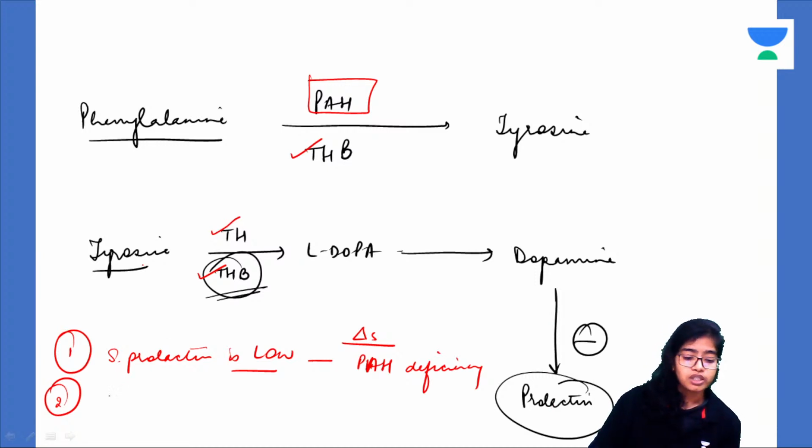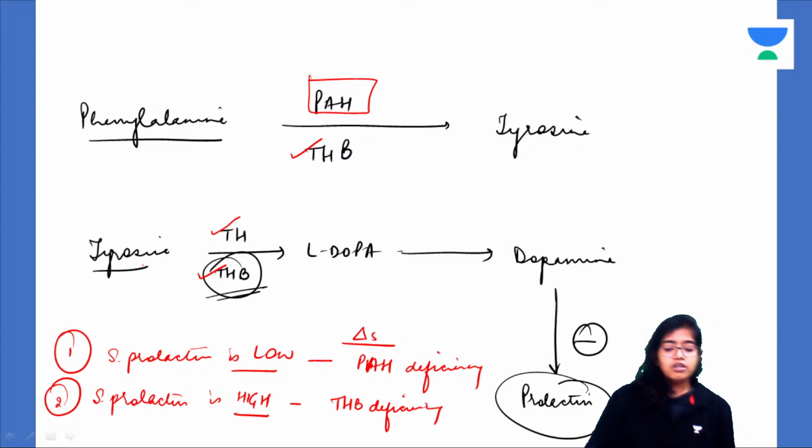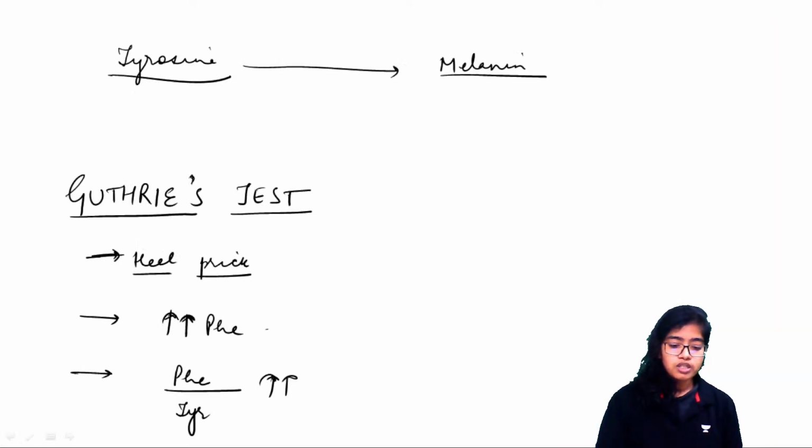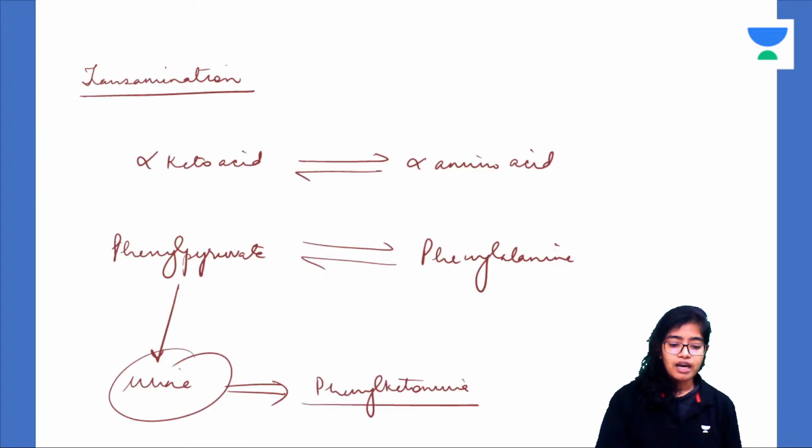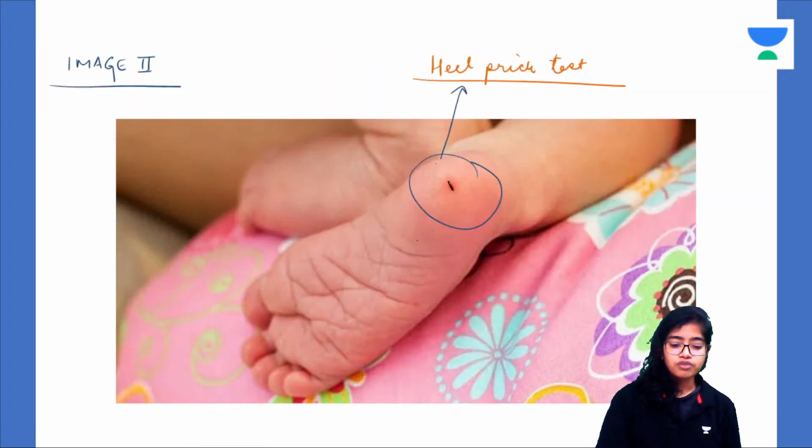If you measure the serum prolactin level, it is high. Now the diagnosis is deficiency of tetrahydrobiopterin. So did you see how the same clinical features can be distinguished according to the deficient enzyme or the cofactor? Understood this? This is all about phenylketonuria, which is important to understand.